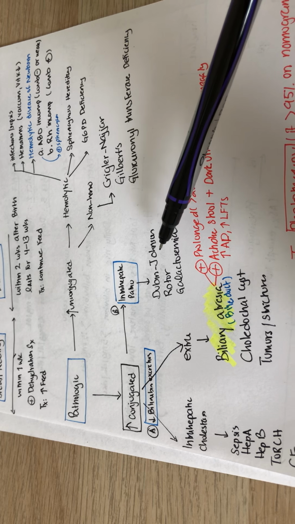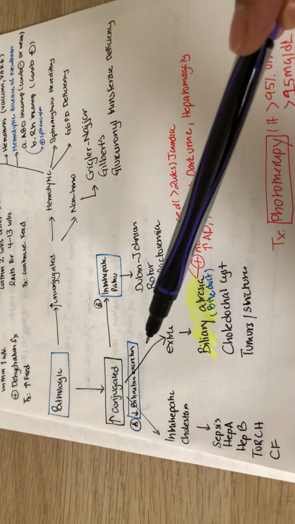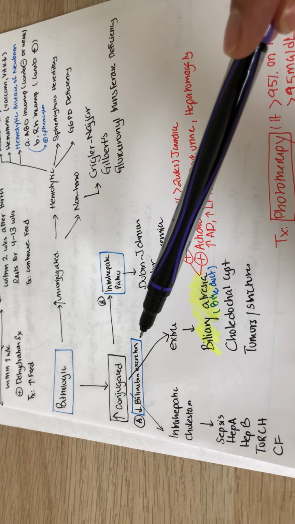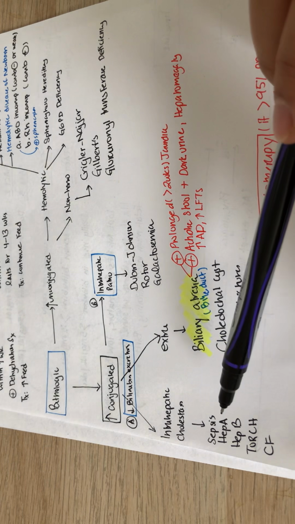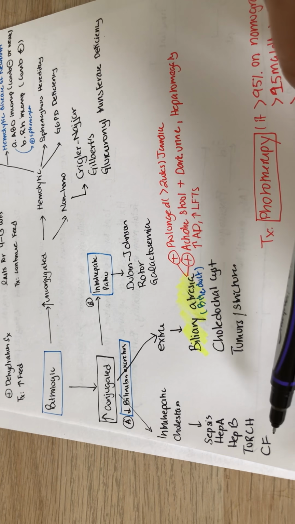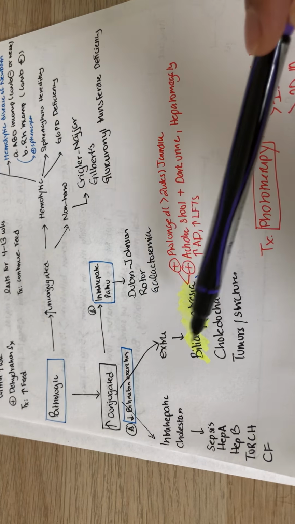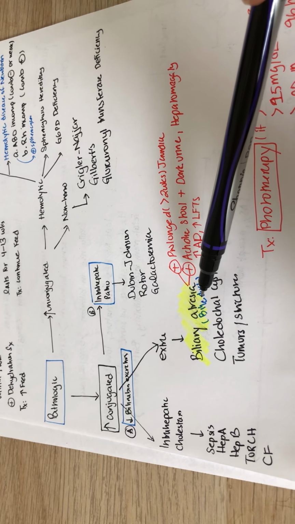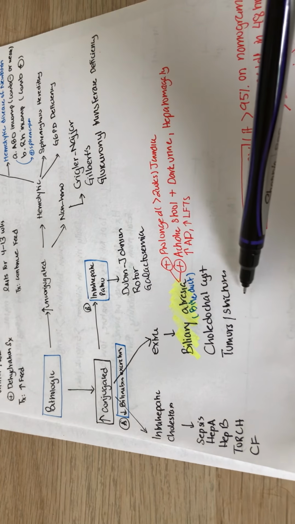Dubin-Johnson, galactosemia, intrahepatic pathology. Decreased bilirubin excretion is because of intrahepatic cholestasis, sepsis, hepatotoxins, cystic fibrosis, or extrahepatic biliary obstruction. The most common is biliary atresia. Then choledochal cyst, tumor, and stricture.